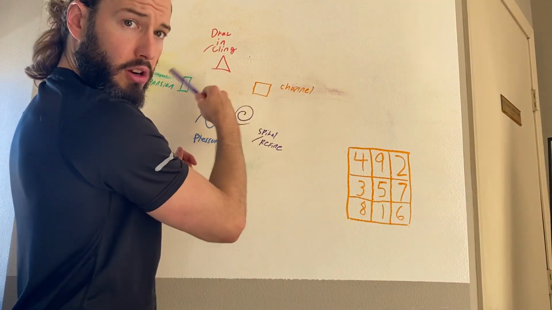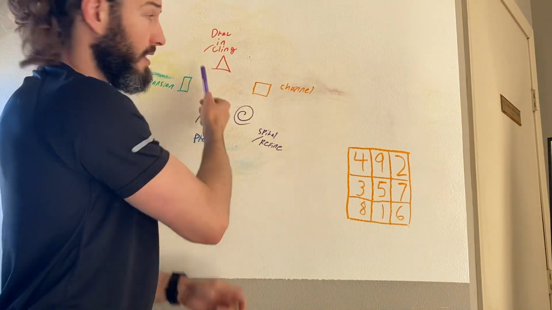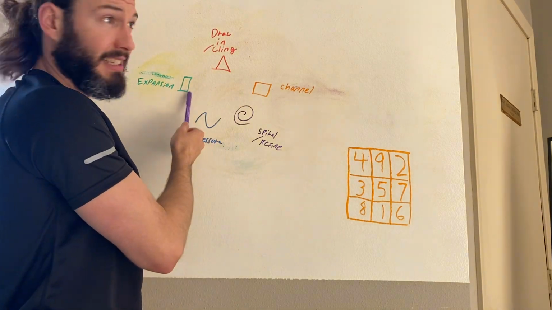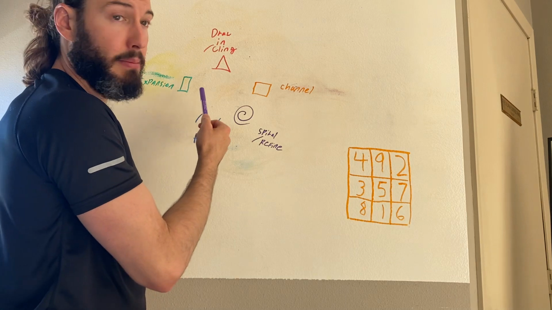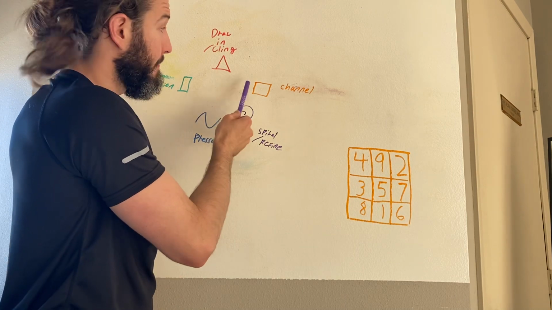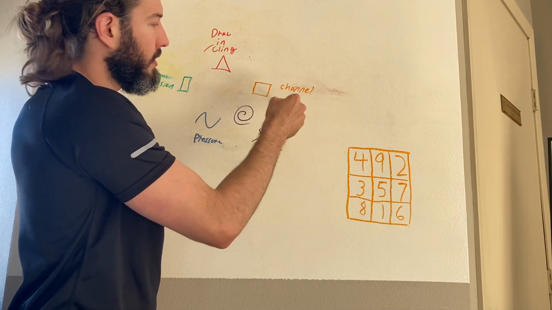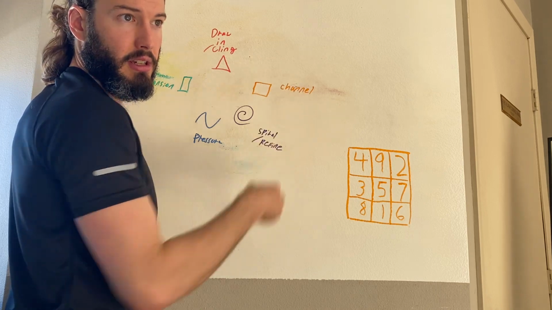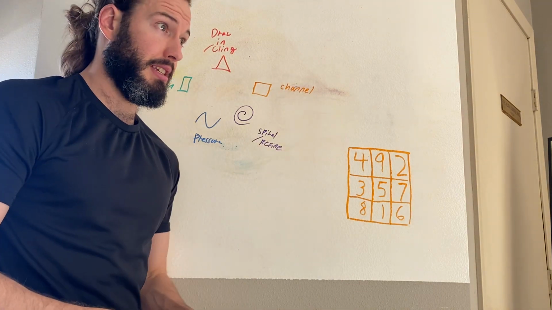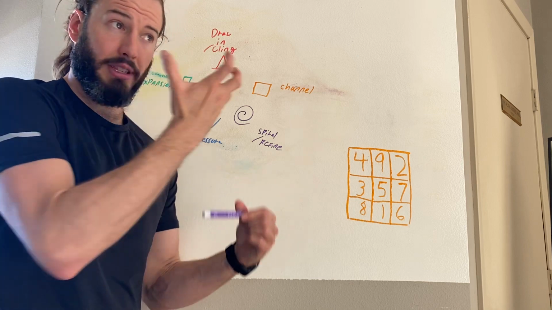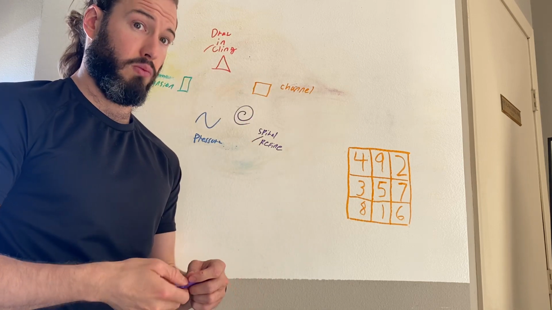These are going to be yang elements. These are things that we can see. I can see the wood outside. I can see the timber. I can see fire. As we move towards these more yin elements, these are things that we can't perceive with the senses as well.